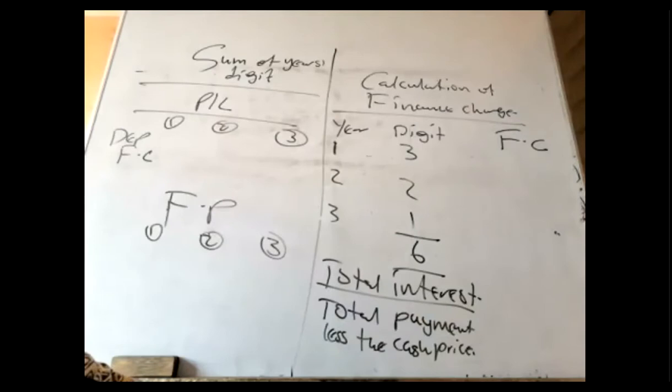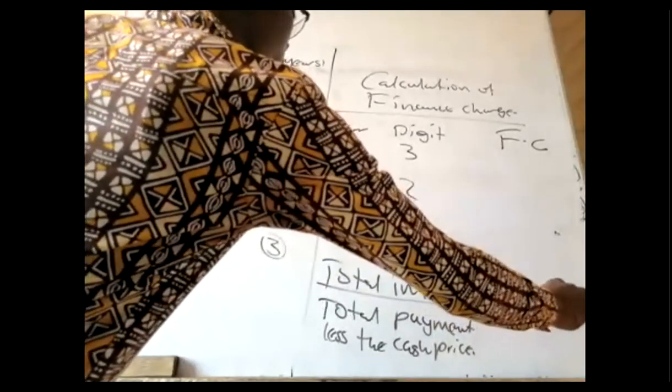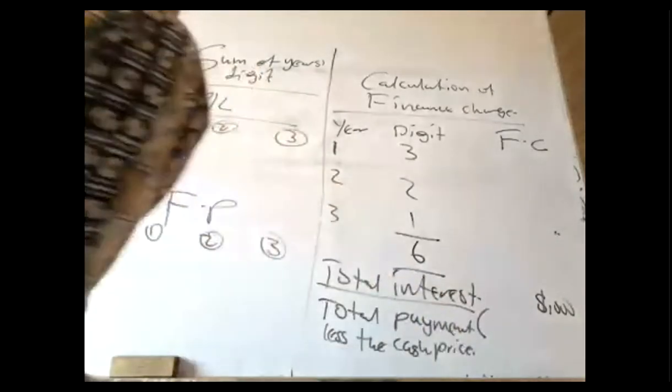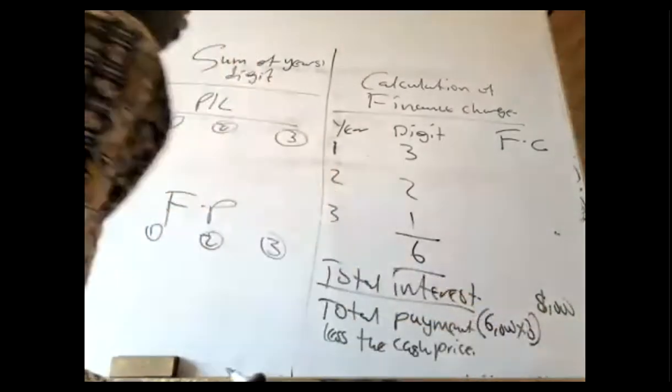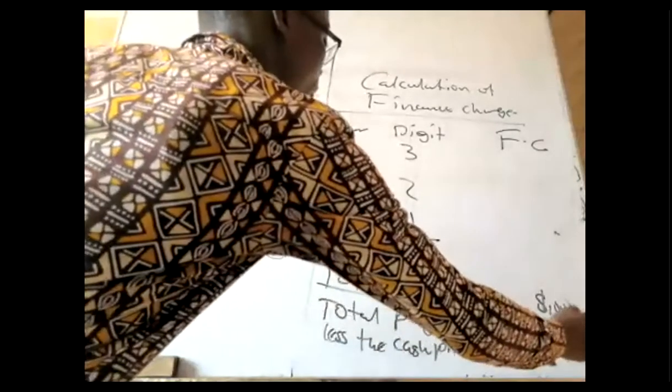Here we assume the cash price as the present value of the minimum lease payment. So the total amount here will be, let's put 3 zeros in here. Now we are paying 6 million every year, so it will be 6 million times 3. That should give us 18,000, right? 18,000.